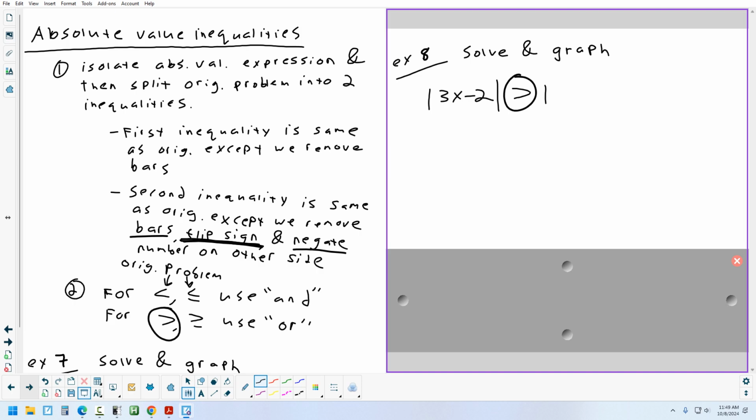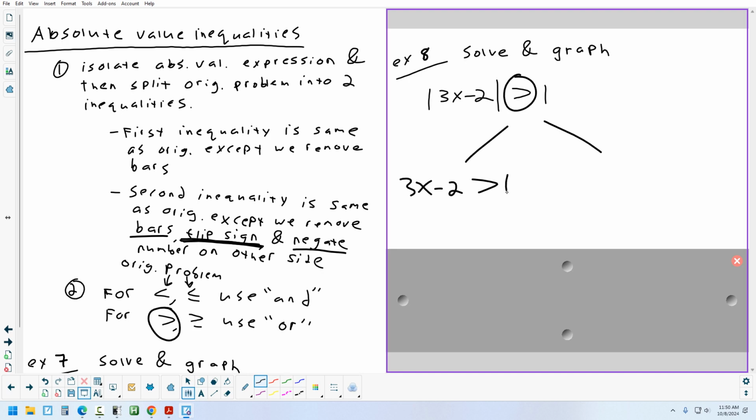Okay, so first step, make sure the absolute value is by itself. Is the absolute value by itself? Okay, then let's split it up. What's the first inequality that splits into? 3x minus 2 is greater than 1. That should give you a hint.